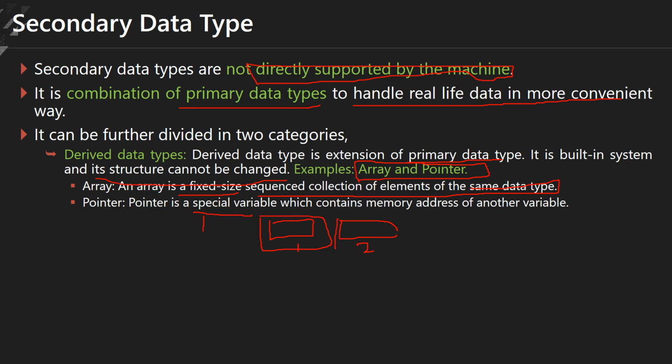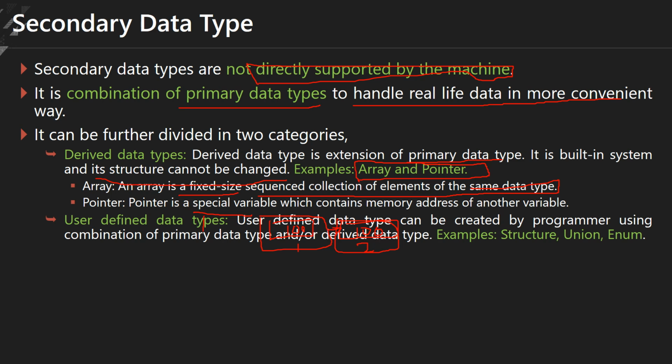The pointer holds the address of the second variable, which may be something like 0 0. When you put this address here, it holds the address of the other variable, and this is the way you can link variables together.